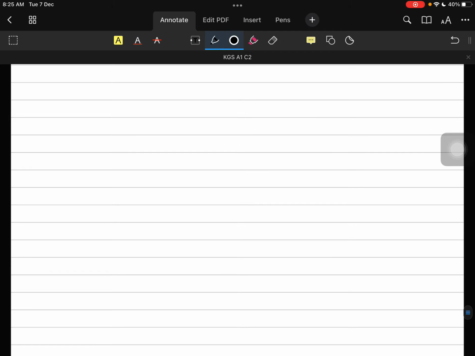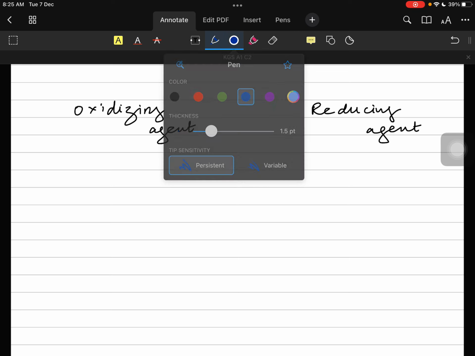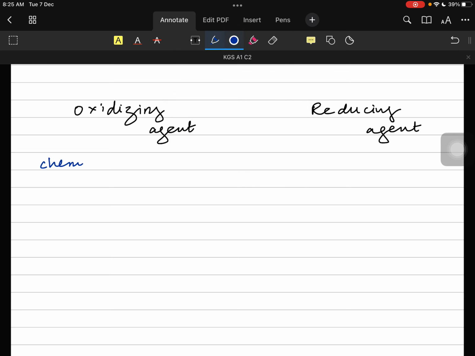Right now we're going to be talking about the idea of oxidizing agents and reducing agents. Now it often confuses people because of the terms, but it's not as deceptive as it sounds. An oxidizing agent is a chemical substance, let's call it a chemical substance to make it fancier, that oxidizes others.